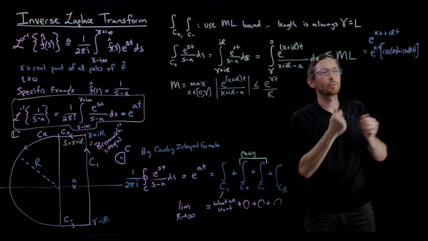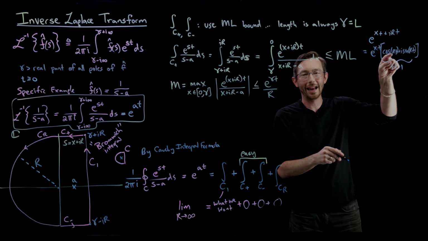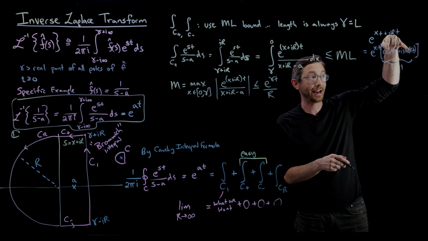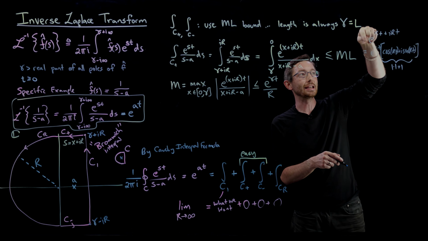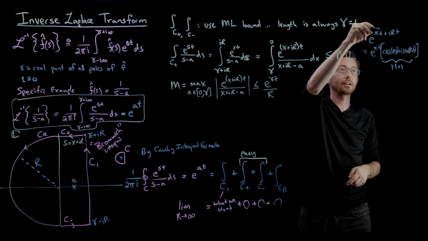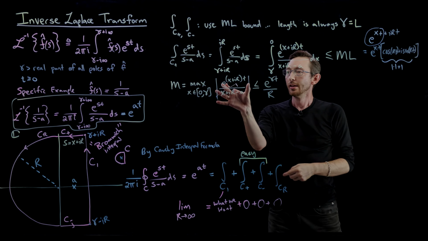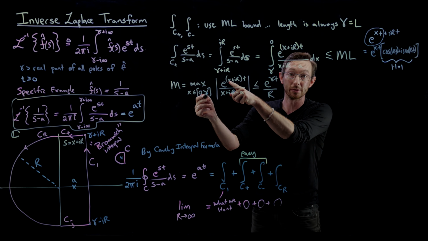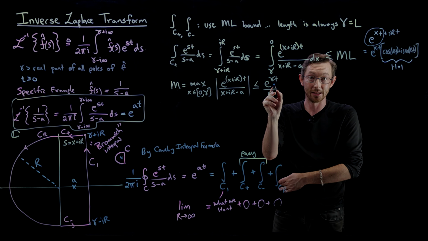And a very important property: this has norm equal to 1. For any RT, cosine something plus I sine something, the magnitude, the length of this vector, is always equal to 1. So the length of e to the xt plus IRT is always equal to the magnitude of the real part, e to the xt. So the biggest the magnitude of this quantity can be is when x equals gamma. The maximum magnitude of this numerator is e to the gamma t.